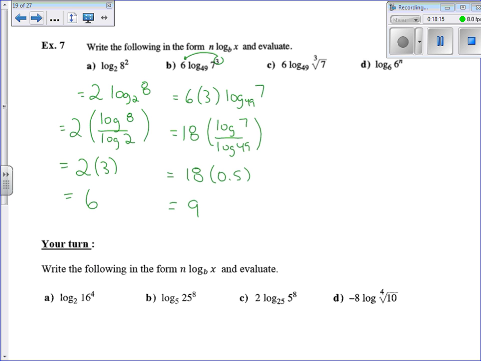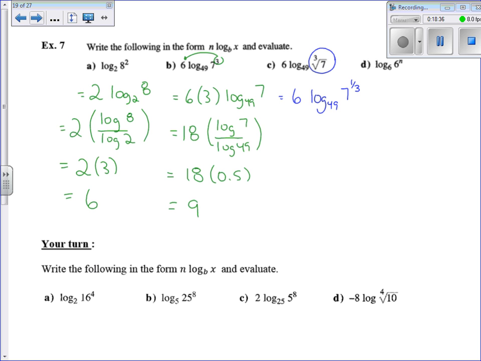Okay, C is a little bit more complicated because we have a radical, and that's the cube root. So we're first going to start by rewriting that cube root. So we have log base 49 of the cube root of 7. Cube root can be written as an exponent of 1/3. So 7 to the power of 1/3 is the same thing as the cube root of 7.